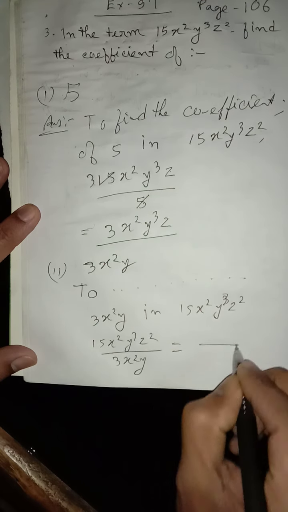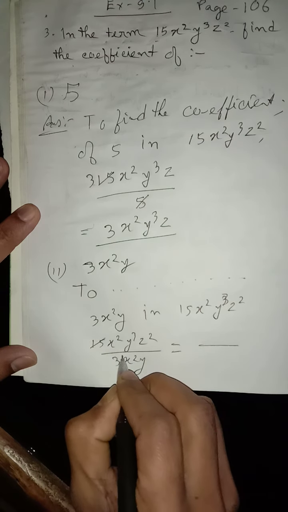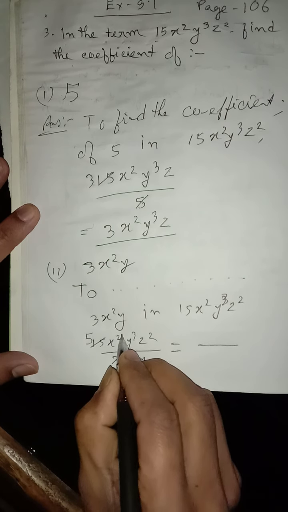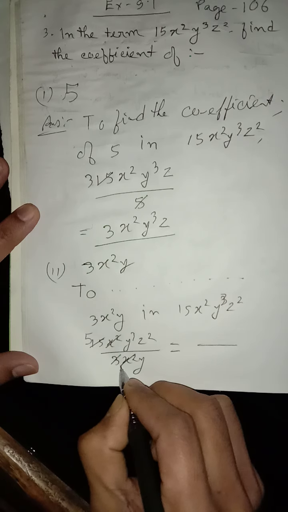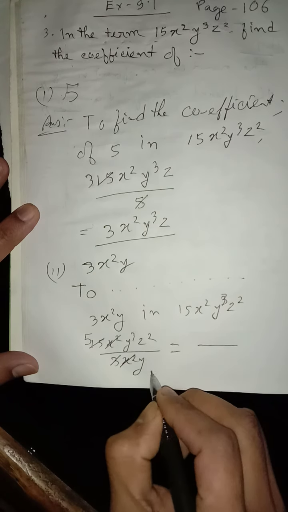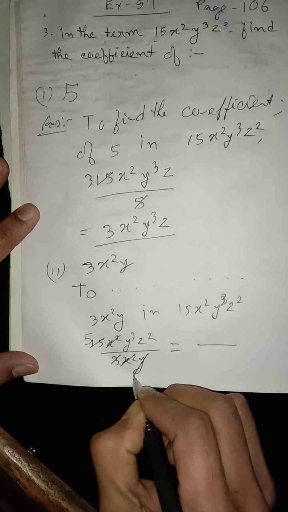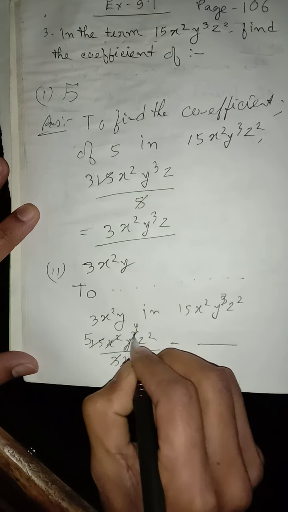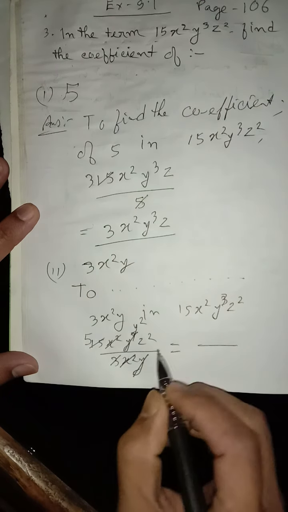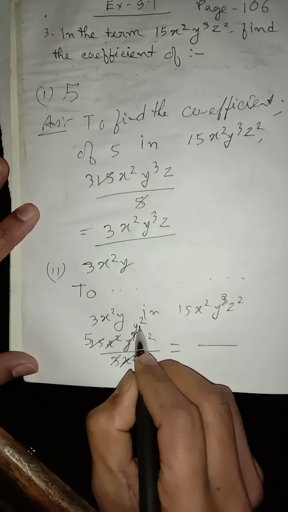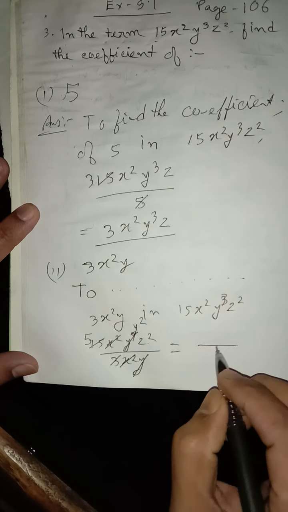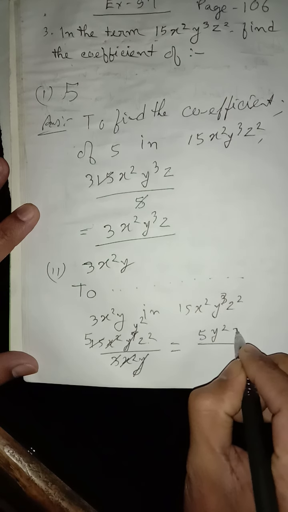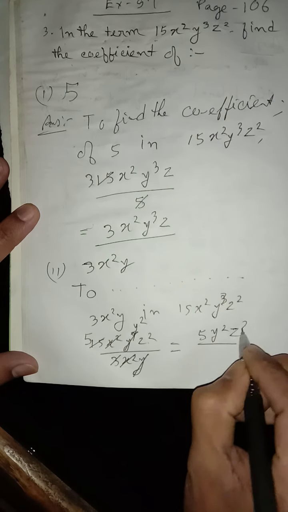What will we get now? 15 and 3 we will cut and 5 we will get. Here x square, here also x square. Here y cube, here only one y, so it will be y square. Now what is left? 5, y square, and z square. The answer is 5 y square z square.